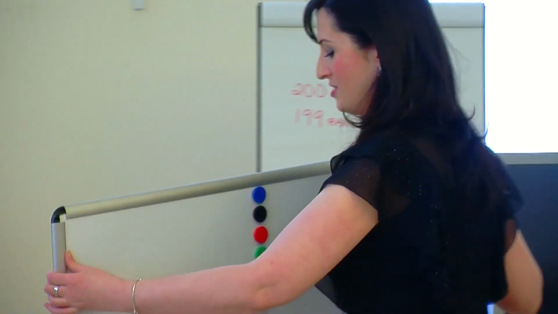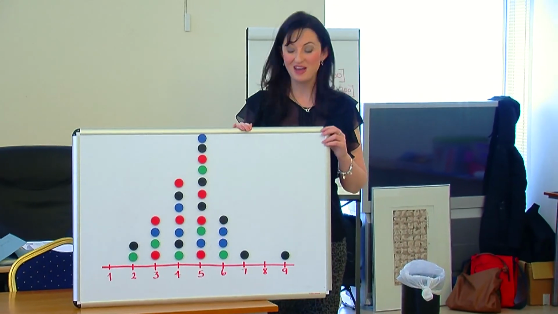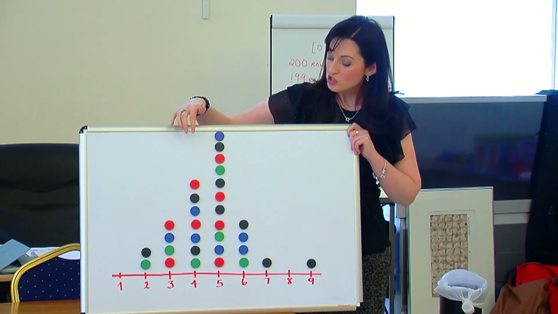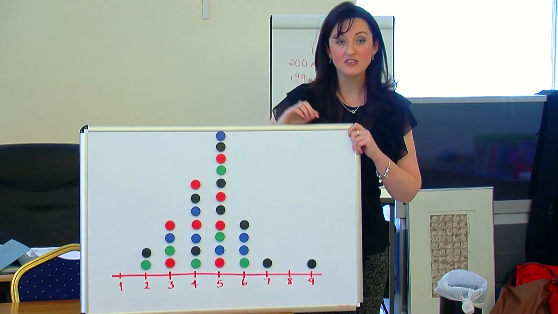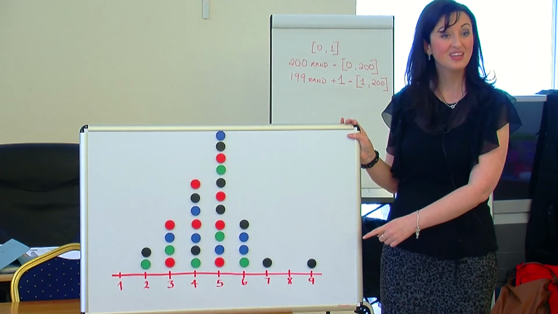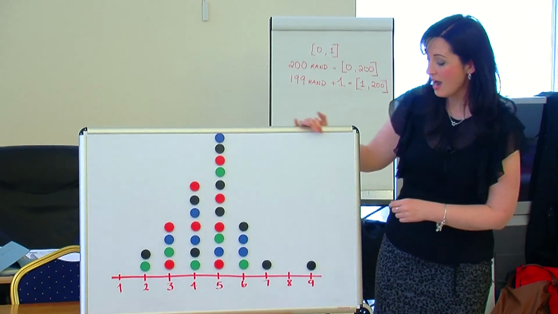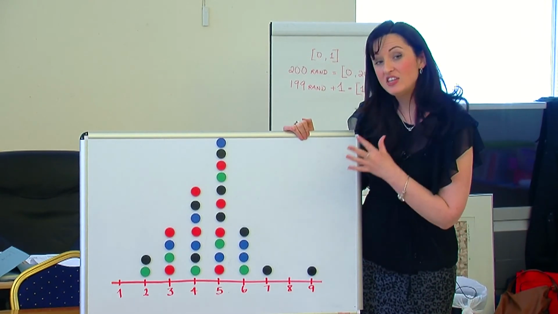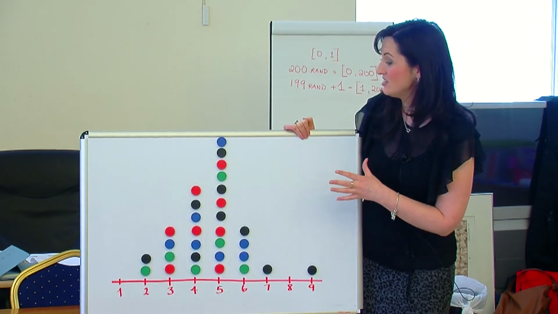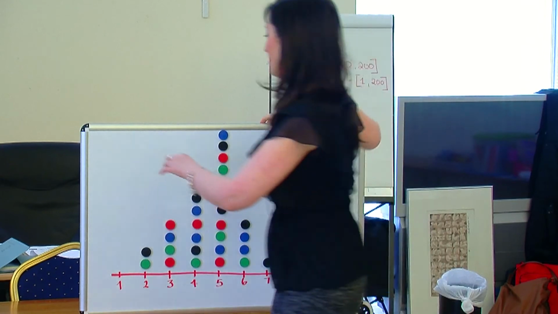So I did one last night. I took a wee random sample, and this is how mine came out. You can see there it goes from 1 to 9. That was our max and our min, okay? And the nature of a dot plot is that we don't have to have an axis going up the side.